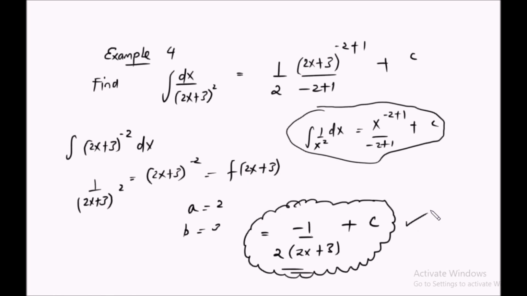Sasa note one thing. Hii standard integral tumesema ni f of (ax+b), dx. Tunasema sasa ni 1 over a f(ax+b) jumlisha c. Ngoja niiandike vizuri sasa.